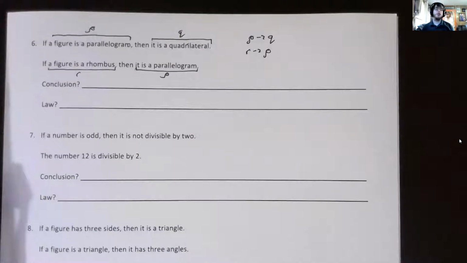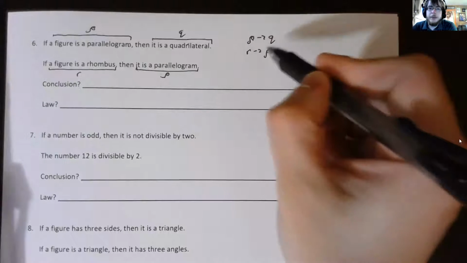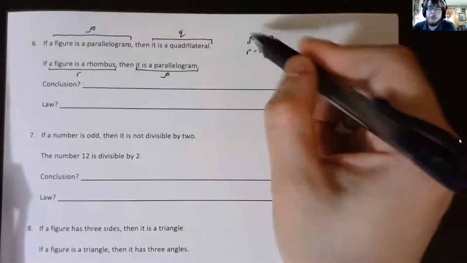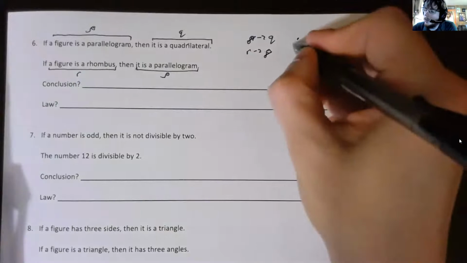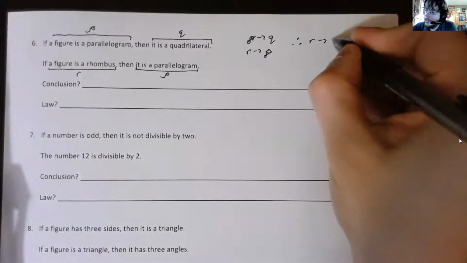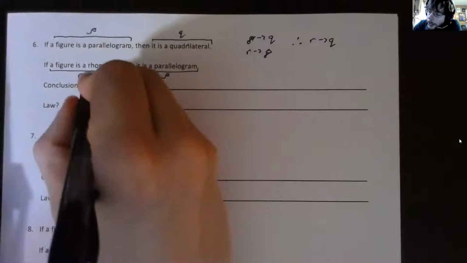And since we have two if-then statements, we need to see if the diagonals will match. So in this one, do the diagonals match? You should see that we have P on both. So we can mark those out. And so we can conclude, therefore, R implies Q. So we write therefore.